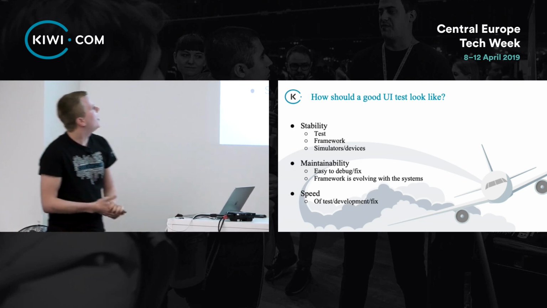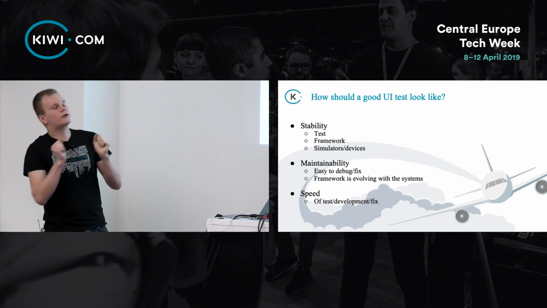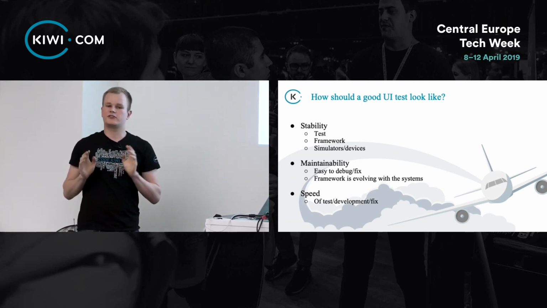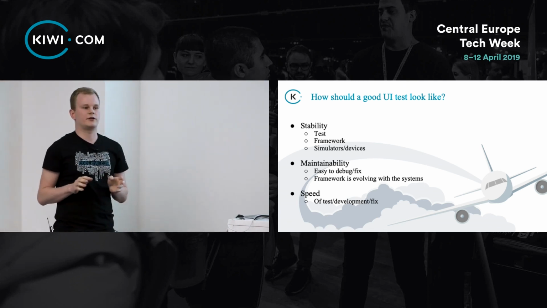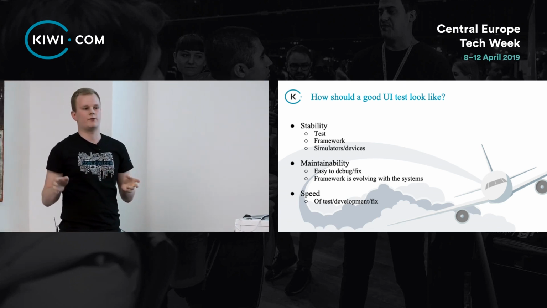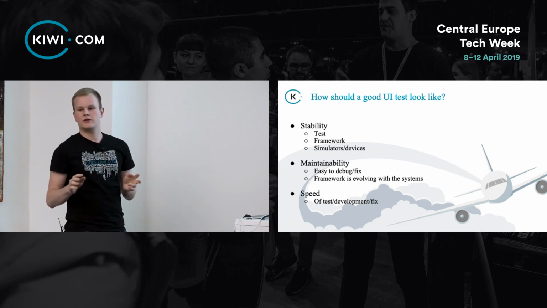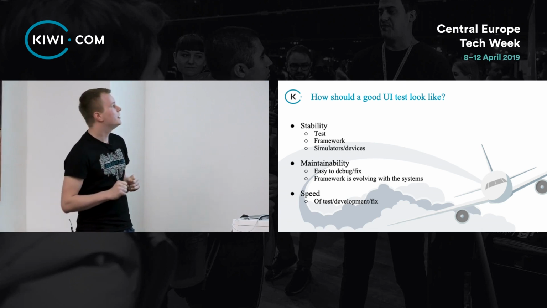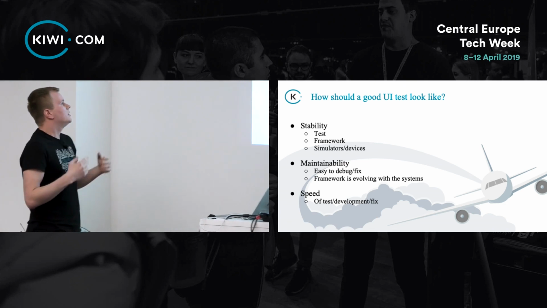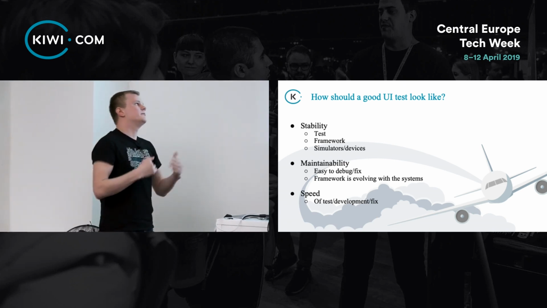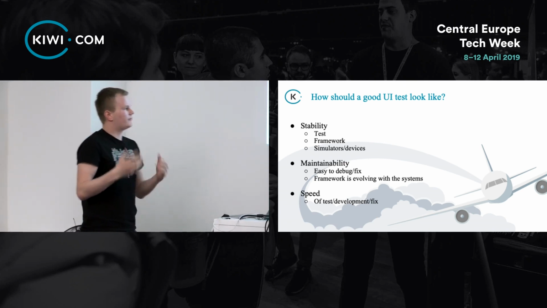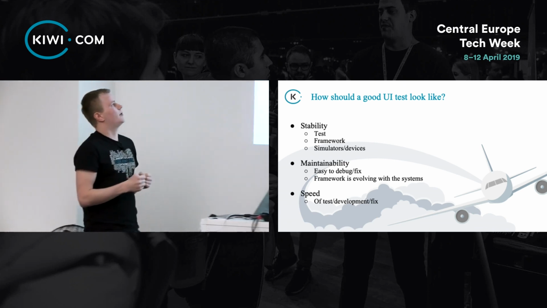Okay. So how should your UI test look? Is there anyone who ever wrote a UI test for anything? Web, mobile, anything? Okay, one, two, nice. Your test should be stable, maintainable, and fast. It's not only about your test.